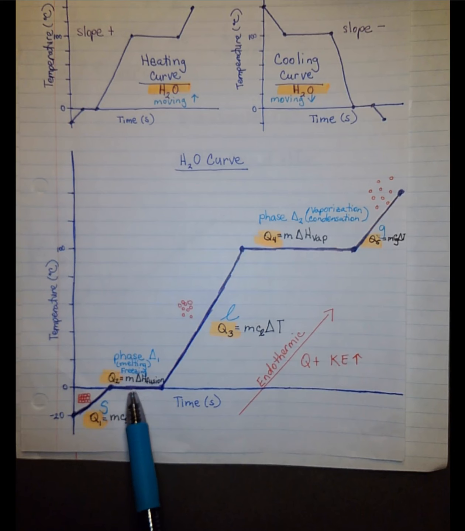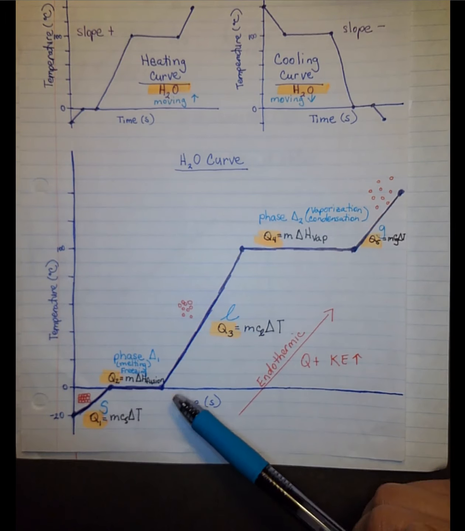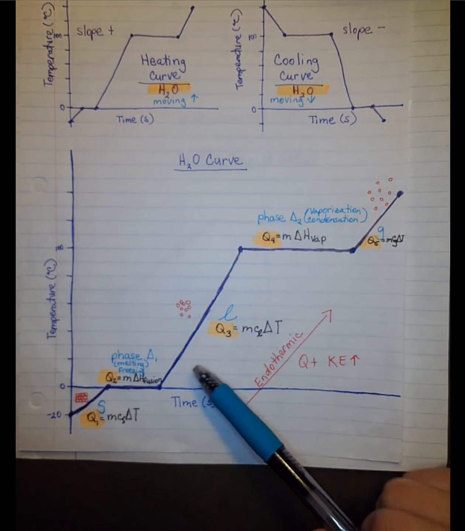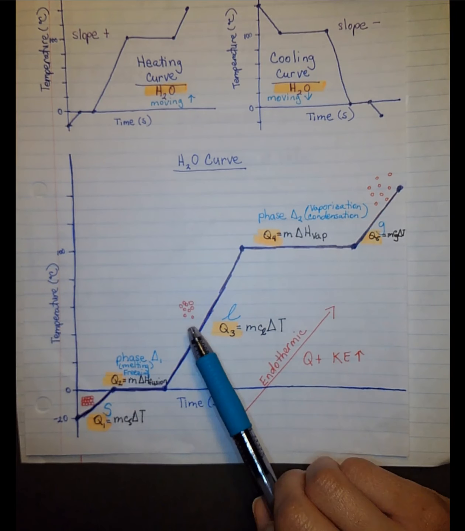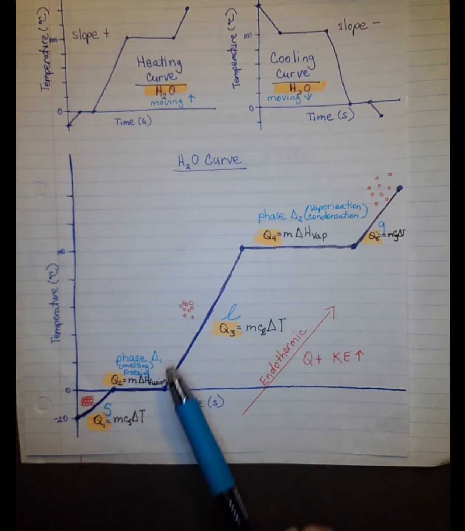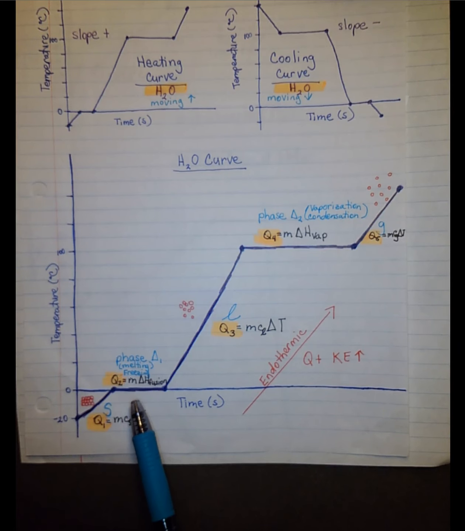And so these molecules are spreading out and they're beginning to move faster. One of the reasons why they're moving faster is that when they're changing formation, they are actually bumping into one another. So by the time you get to the liquid state, the molecules have moved completely into the formation of a liquid in this phase change 1 area.